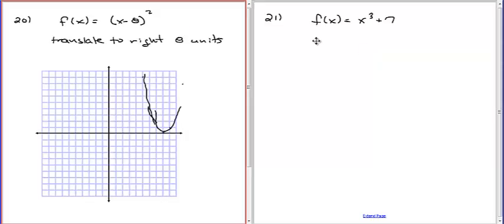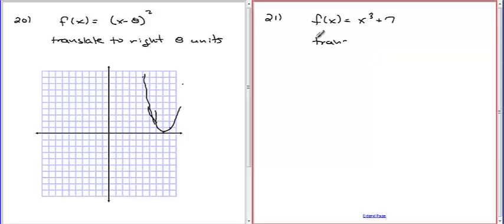Okay, up here we have translate vertically 7 units. So you have to be careful when you're doing the x translation. It's actually the negative of this number here, whereas here it's just the number by itself.